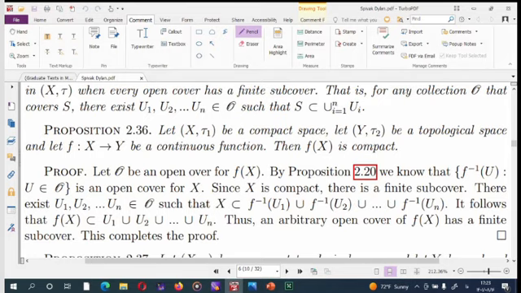So that X must be a subset of this finite union. It follows that f of X is a subset of U1, U2, Un. So that this arbitrary open cover has a finite open subcover.